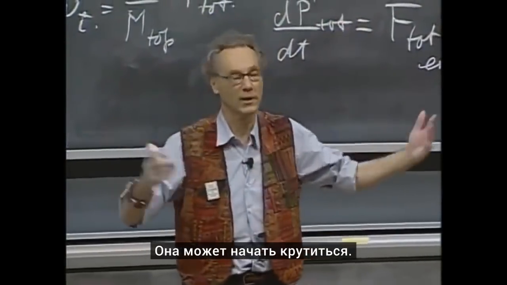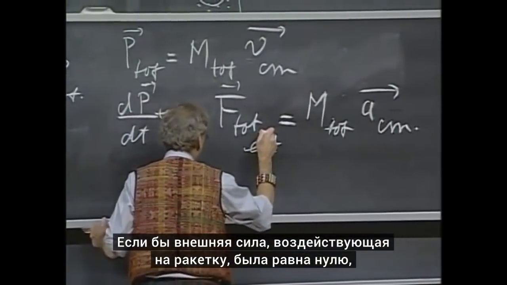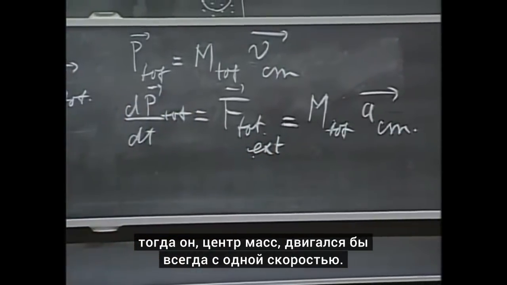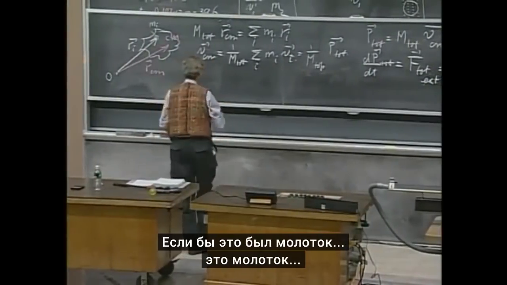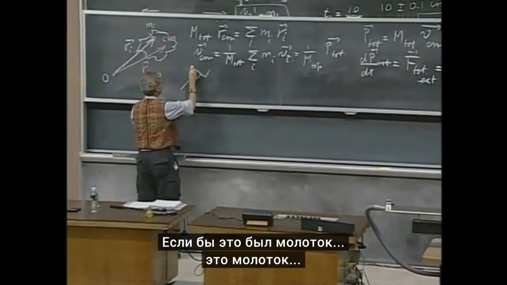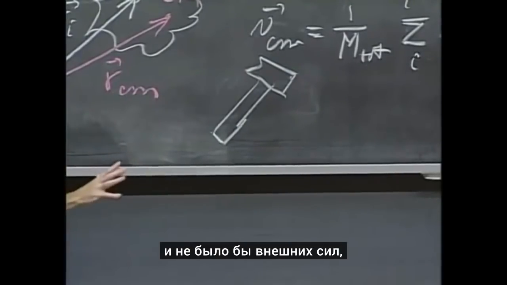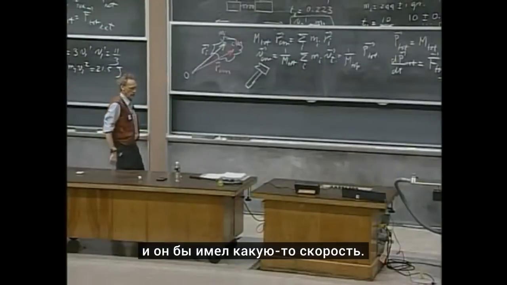It may start tumbling. If the external force on the squash racket were 0, then the center of mass would continue to go always with the same velocity. If I had here a hammer, and there were no external forces, I would be somewhere in outer space, and it would have a certain velocity.